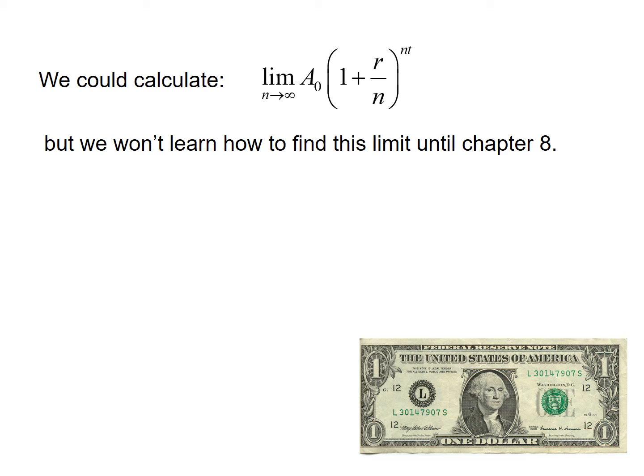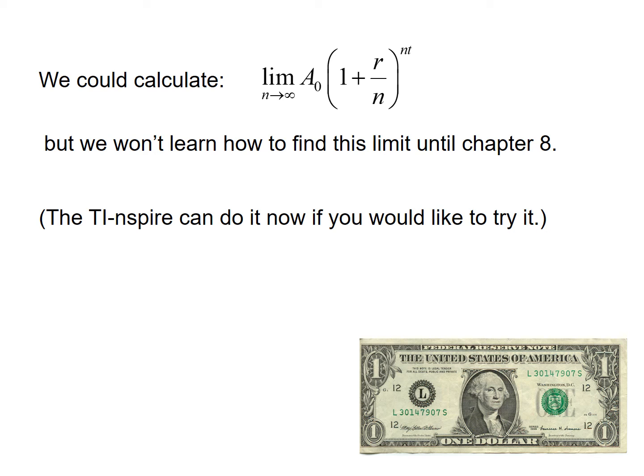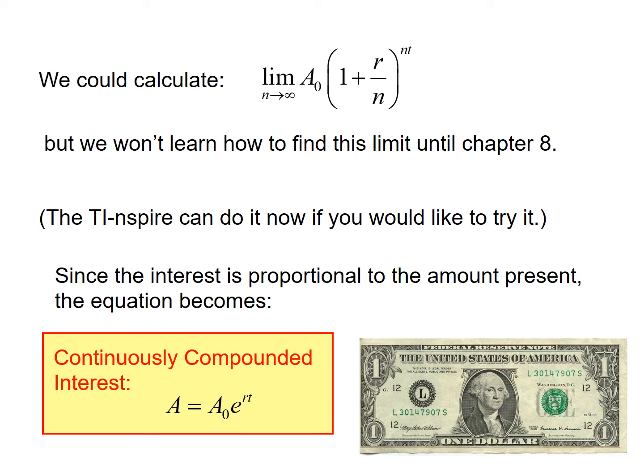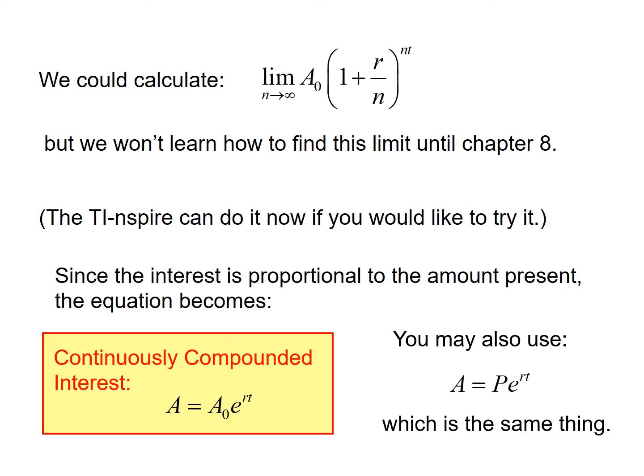Now, unfortunately, we don't know how to do this yet. We'll learn this later in the year. For now, we can trust our calculator. You could plug this limit in, and we will get A equals A sub 0 e to the rt. So that's exponential growth. And you might see this written as A equals P e to the rt, P equals A sub 0. It's just a different notation.